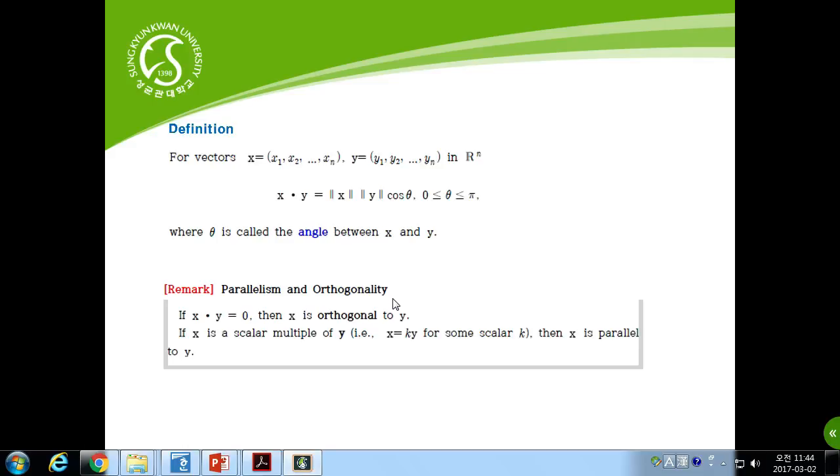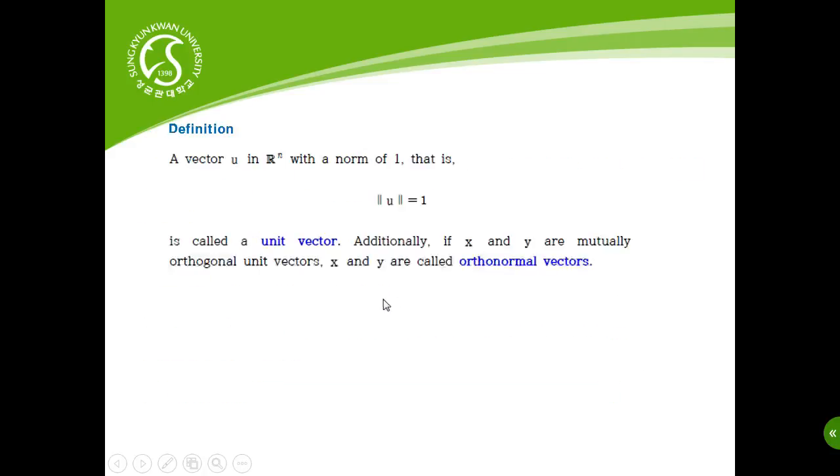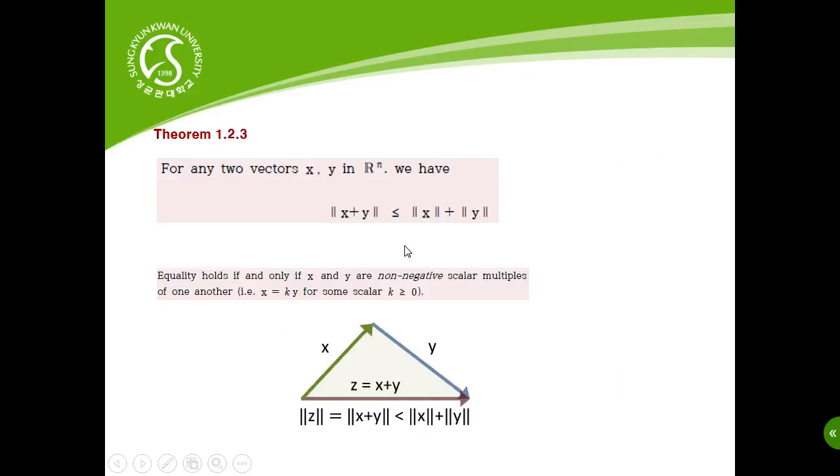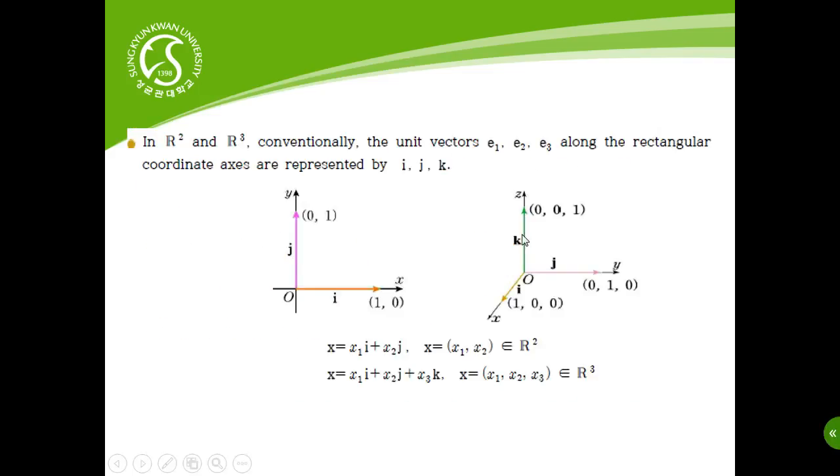Okay, so the unit vector is defined, and yeah, the triangle inequality, and also this is the last concept in section 1.2. Here, every vector in R3, which can be written as x1, x2, x3, can be represented as a linear combination of these three unit vectors: 1, 0, 0; 0, 1, 0; and 0, 0, 1. The linear combination of these forms this.